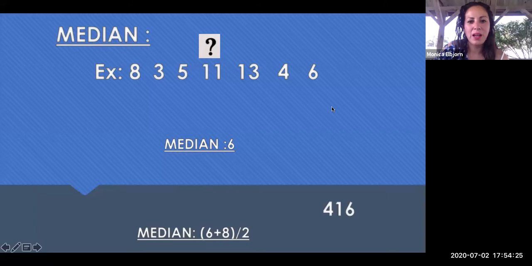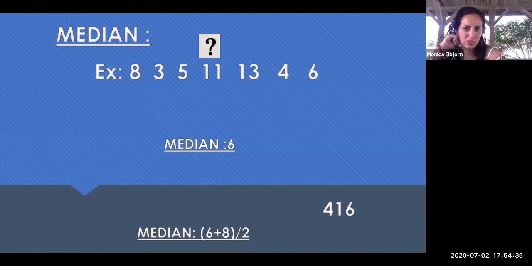I have a few more examples for you. So on this data value set, what will be the median? We got 1, 2, 3, 4, 5, 6, 7. So it's not an even, it's an odd number. So the first thing that we do is we put them in order.